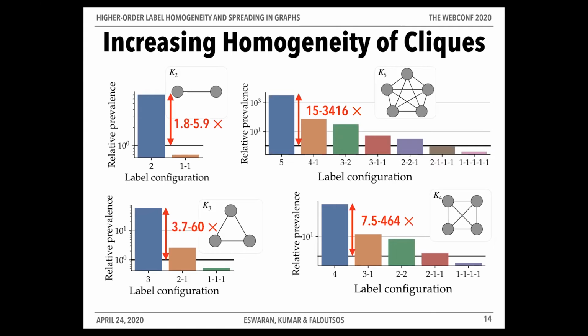You can see that the blue bar in all of these pictures is much larger than 1. The other thing is that the proportion of these differences keeps increasing as the size of the clique increases. This can also be explained in terms of how rare the most inhomogeneous configuration of a clique becomes as you increase the size of the clique.